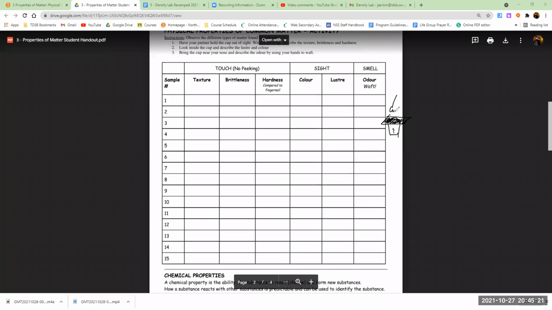Students would reach their hand in there blindfolded or with their eyes closed and use their fingers to describe the texture, brittleness, and hardness of the material. And then afterwards, they can look at it and describe its color, luster, and if there is a smell, odor. It was a pretty fun, very quick activity. It also gave me an opportunity to see where some errors might be.